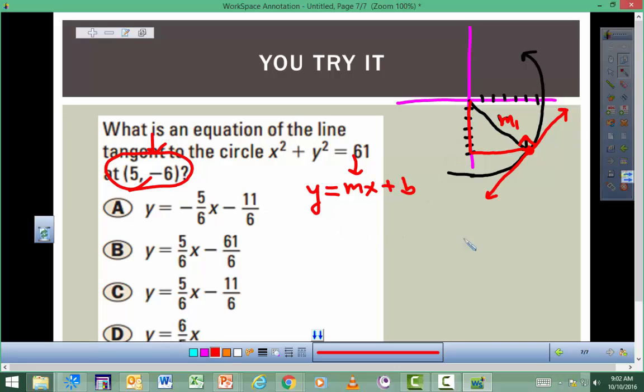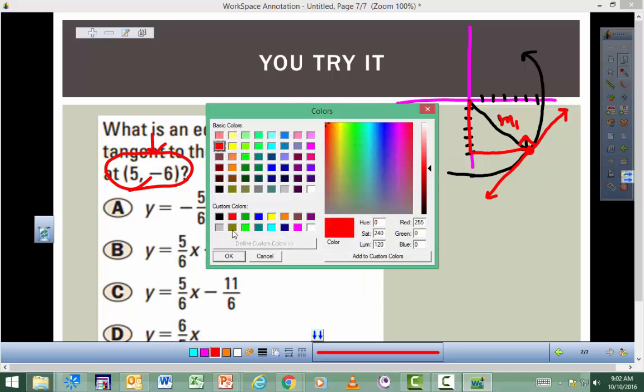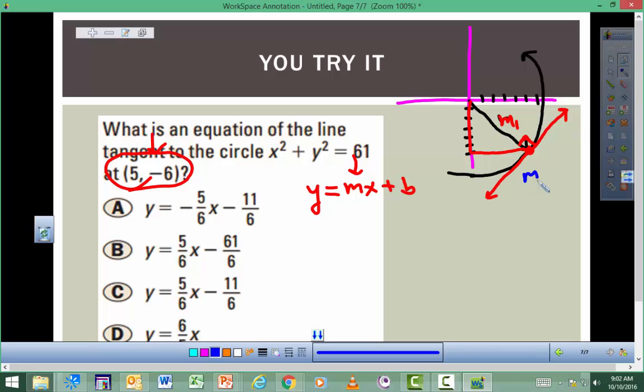Let me just do some work here on the side, and I'll try blue here. Slope number 1, what is it? If you start at the origin and you go down, how far did we go down? Down 6, and we go over 5. Keep quiet please. Down 6, over 5, so there's slope number 1, negative 6 over 5. Now how hard is it to find slope number 2?